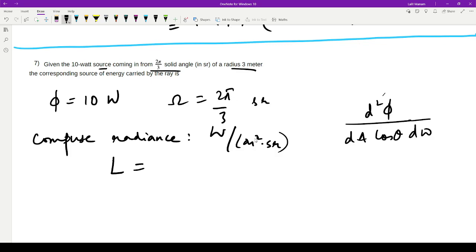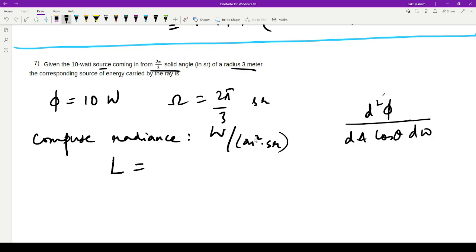So that means how much power varies with respect to the solid angle subtended and also per unit area of the object. Does this make sense? How much power of light is being carried per unit area of the object per unit steradian?